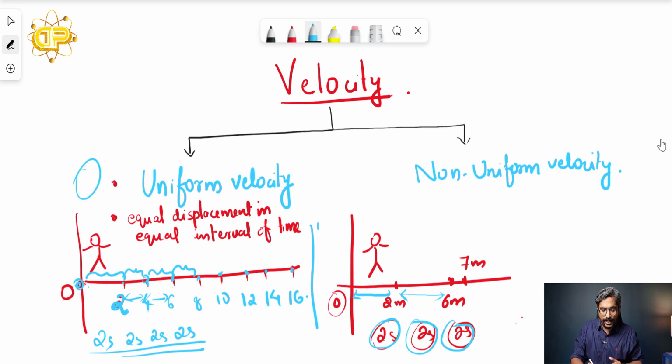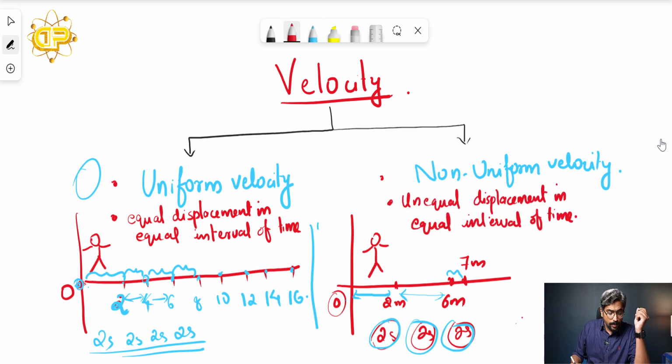In the next 2 seconds, the man had covered 6 to 7. That is a difference of 1 meter. Change in position is 1 meter. So here unequal displacement is covered in equal intervals of time, and we call such a type of velocity non-uniform velocity. So the definition goes like this.